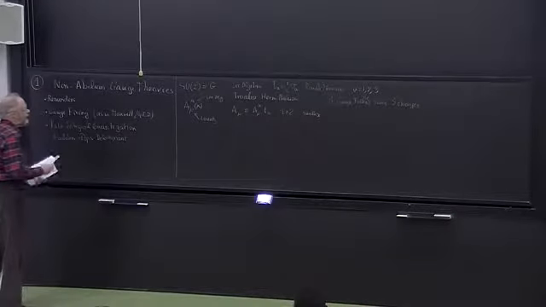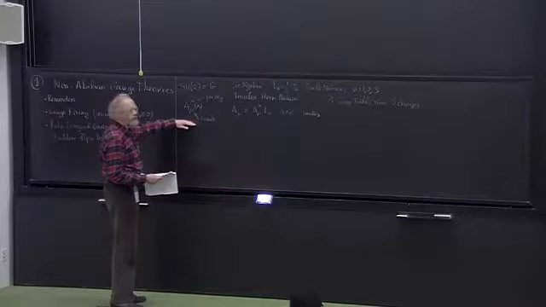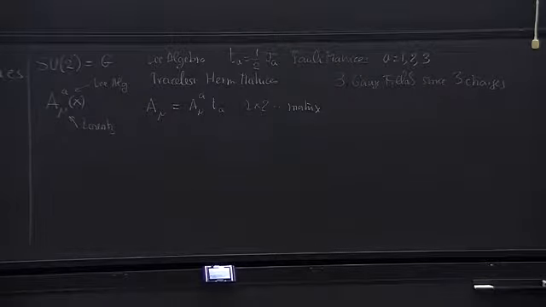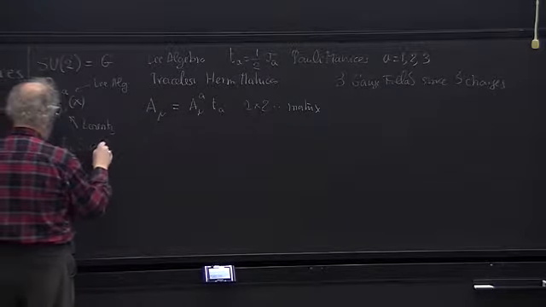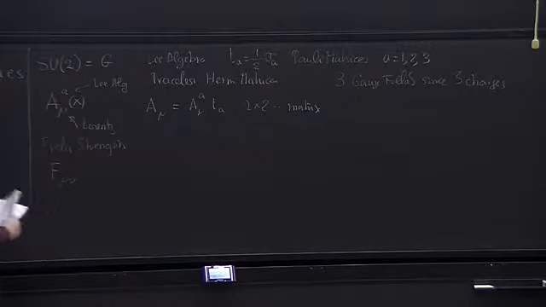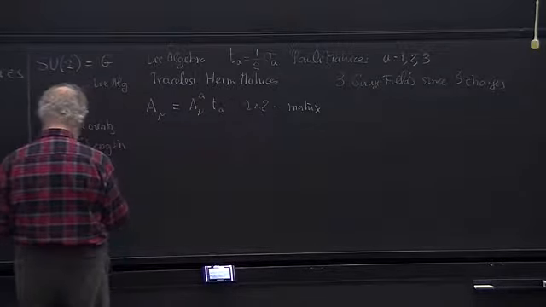Okay, and we have seen that out of that, the analog of the Maxwell potential for the electromagnetic field, we can define the field strength F_mu nu, which is just defined as in Maxwell's theory as the commutator of covariant derivatives.